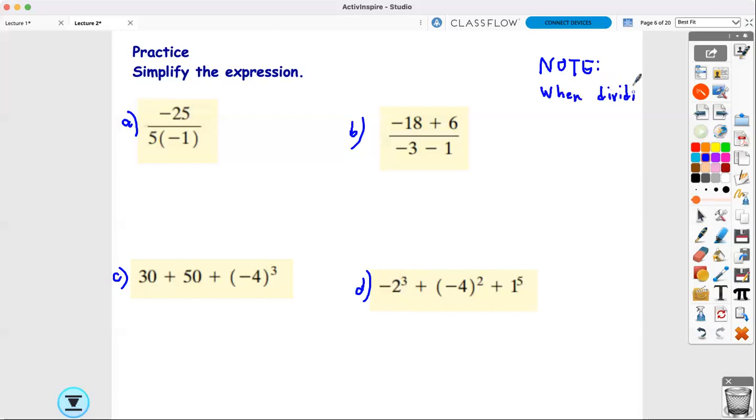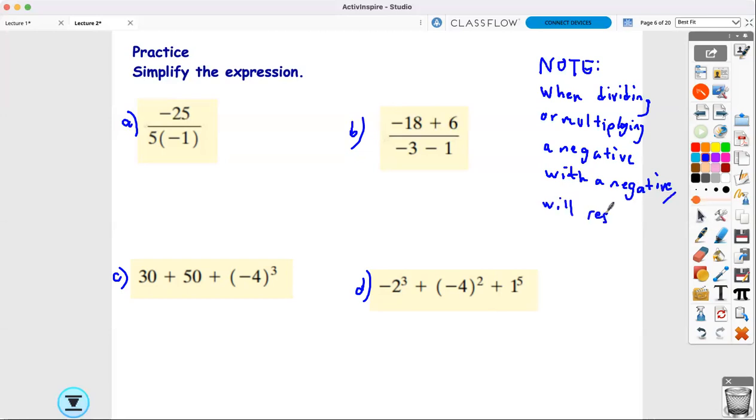When dividing or multiplying a negative with a negative, the result will be a positive.